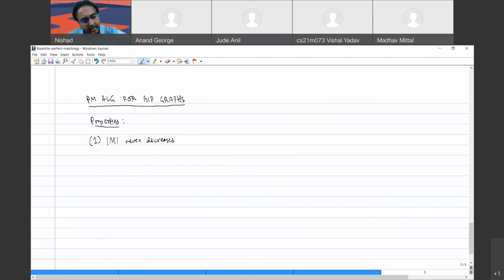And secondly, if the size of the matching does not increase in some step, then either the number of vertices of the tree will increase or the algorithm terminates with a deficient set.